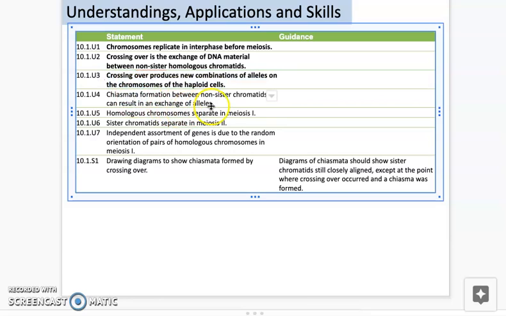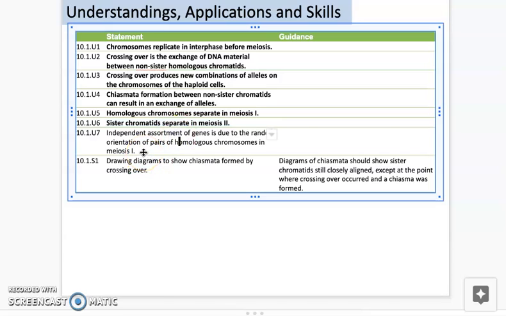Chiasmata formation between non-sister chromatids can result in exchange of alleles. Yes, we've talked about that structure that forms during crossing over between the crossing sister chromatids. Next, we've got homologous chromosomes separate in meiosis 1. That is correct, and we have covered that as well. Sister chromatids separate in meiosis 2. Correct. That is what separates in meiosis 2.